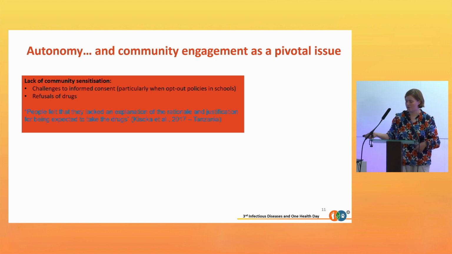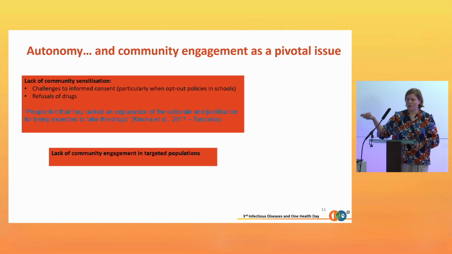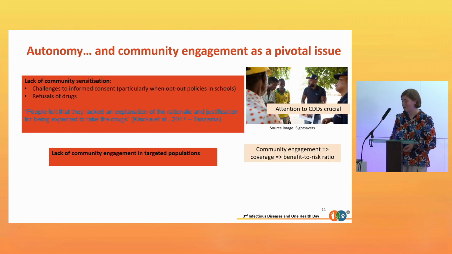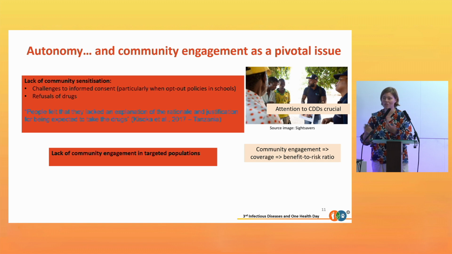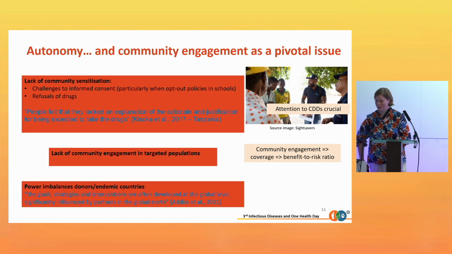And then people also tend to refuse the drugs simply. This also links to a lack of community engagement in targeted populations, and again, attention to those CDDs is really crucial in that matter. Also because community engagement does influence coverage, and as we've seen in the first slide, it does influence the benefit to risk ratio of the measure.